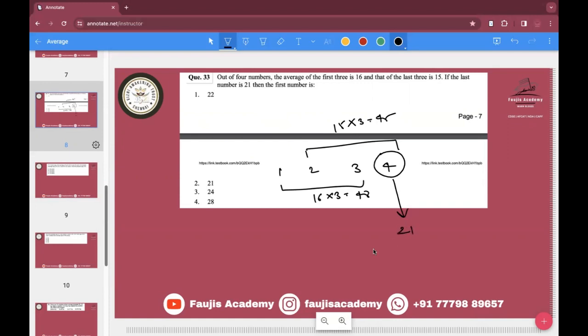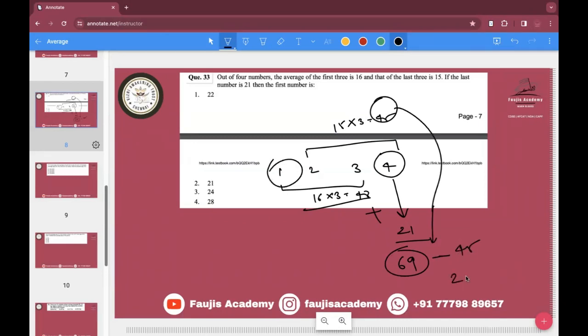They are asking what is the first number. So if this is the first 3, this is the last one. When we add up these two, will it become 69? Isn't it? And if we subtract this number from here, will we get the first number? Let's reduce 45. How much is that? 24.